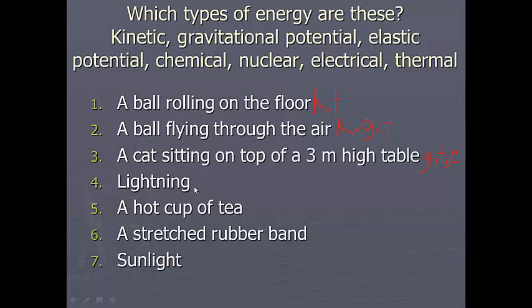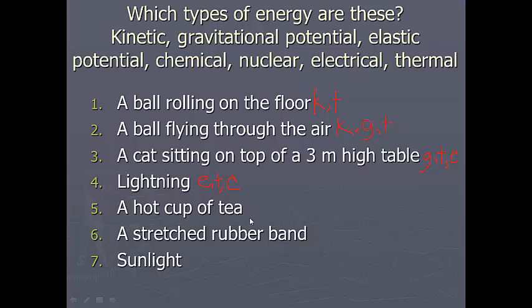Lightning. Well, the first thing that comes to my mind is electrical energy. There's also probably some heat being created there, so I'm going to say thermal energy. And it probably has the possibility to cause chemical reactions, so I'm going to say chemical energy. A hot cup of tea.